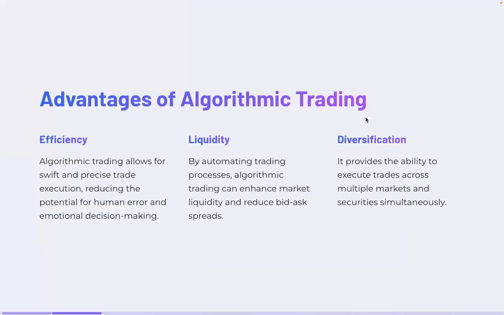Let's take a look at the advantages of algorithmic trading. First off, algorithmic trading allows for swift and precise trade execution, reducing the potential for human error and emotional decision making. This is one big advantage. I would also add that algorithmic trading saves you time.